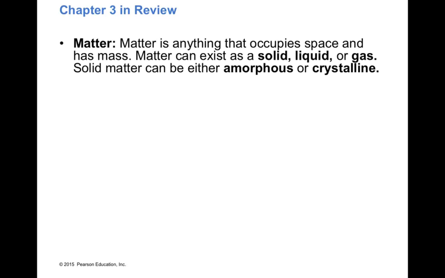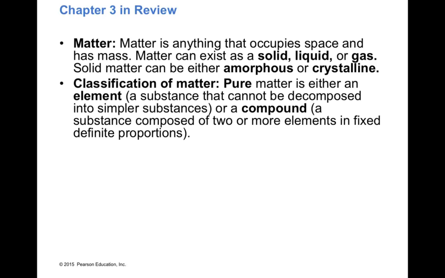So, in review, matter is anything that occupies space and has mass. Matter can exist as a solid, liquid, or gas, and solid matter can be either amorphous or crystalline. Classification of matter: pure matter is either an element, a substance that cannot be decomposed into smaller substances, or a compound, a substance composed of two or more elements in fixed, definite proportions.